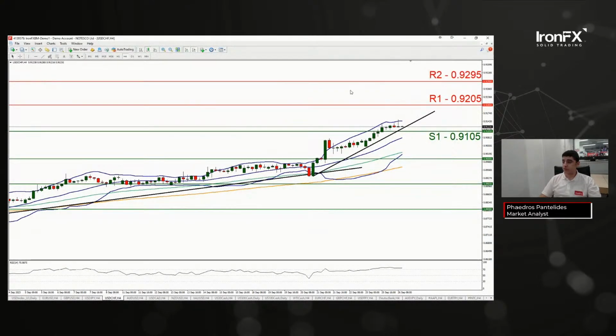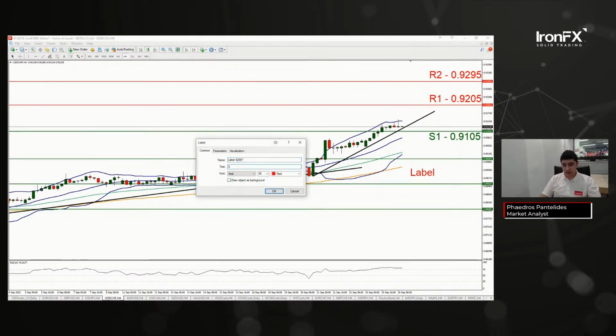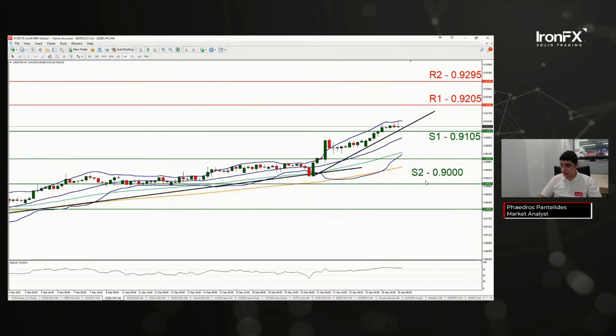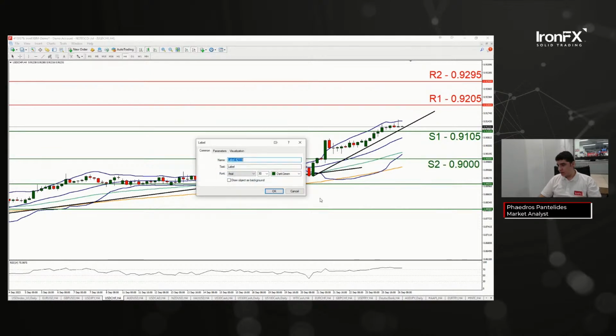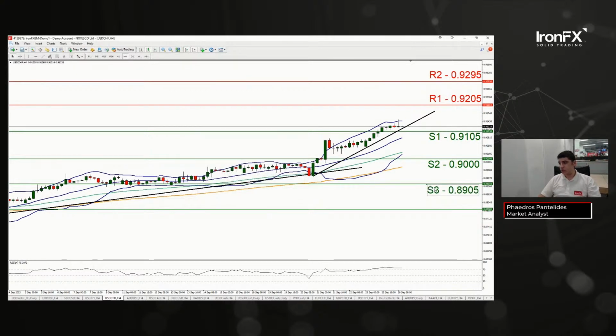And then let's place S2 at the 0.9 level. So this is my S2, as previously put in. And then we have S3, which is at the 0.8905 level. So you have S1, S2, S3.